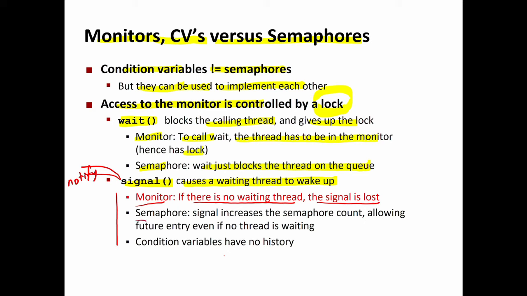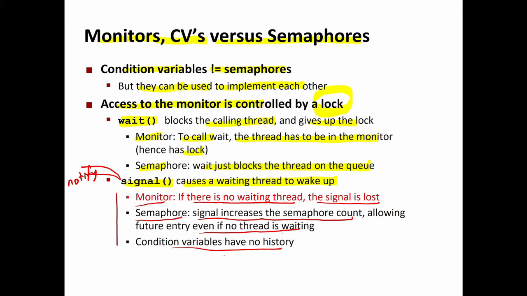In the semaphore case, the signal increases the semaphore count. It's like putting another token on the table, so even if no thread is waiting, it can be used by another thread that comes later. So condition variables have no history, whereas with a semaphore, nothing is lost.